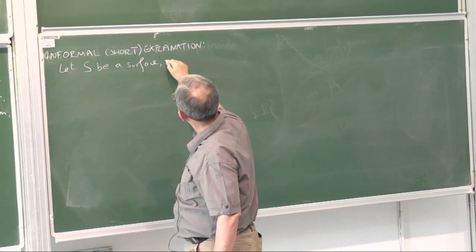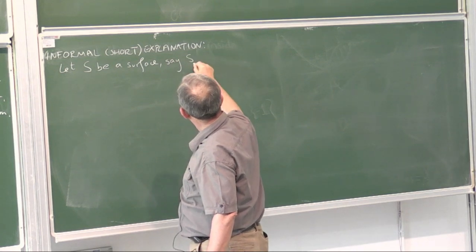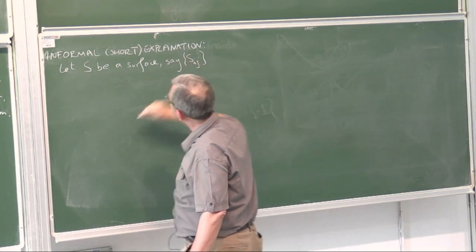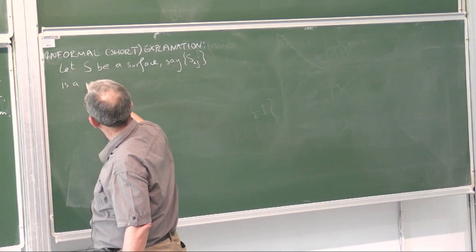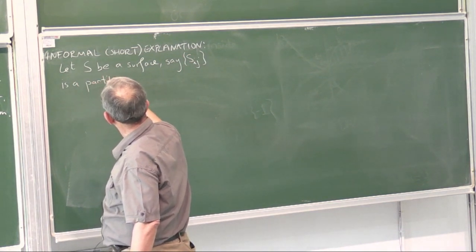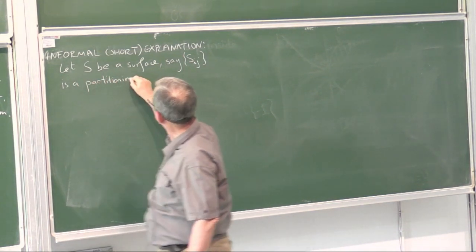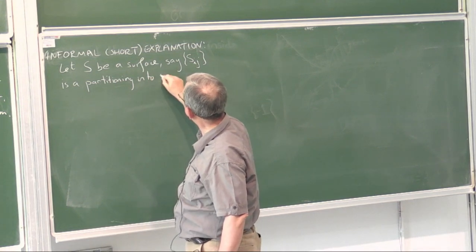Say S_ij is a partitioning into smaller surfaces.